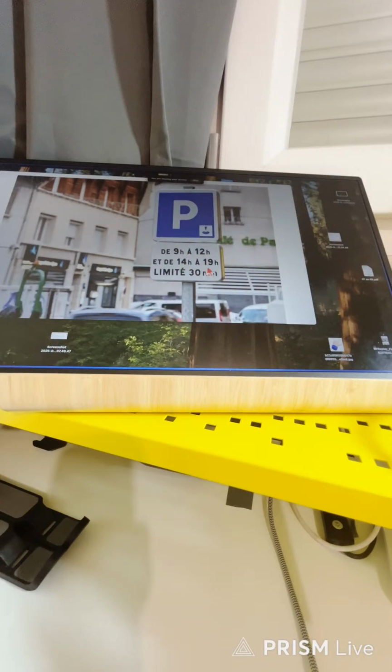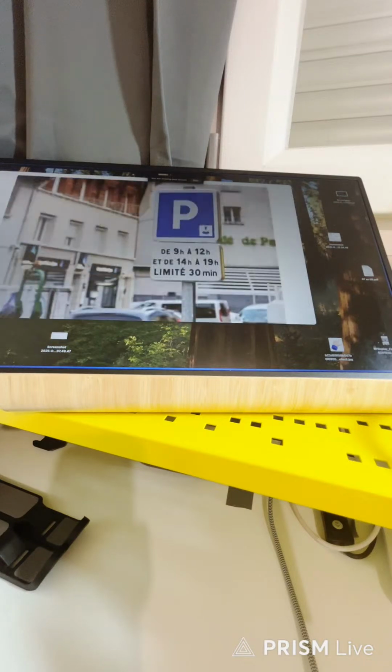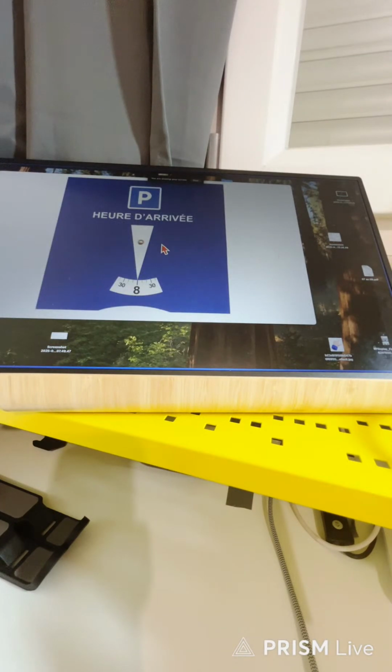But if you fall into this time limit, you can only park 30 minutes, with your control disc. This is what they call the control disc. It's very important that you put it when you are parking in this area. If you don't put this control disc, it's an offense. They can fine you.